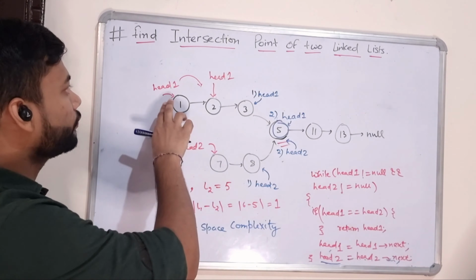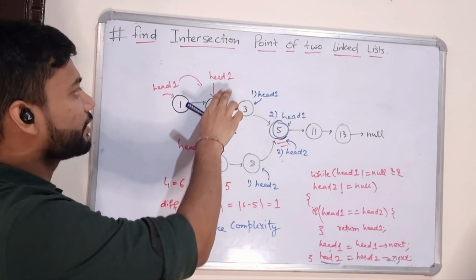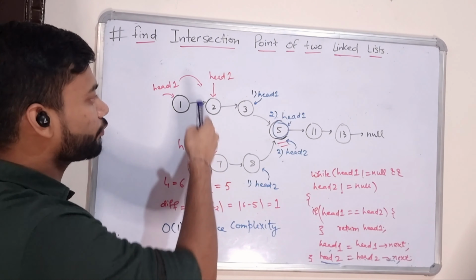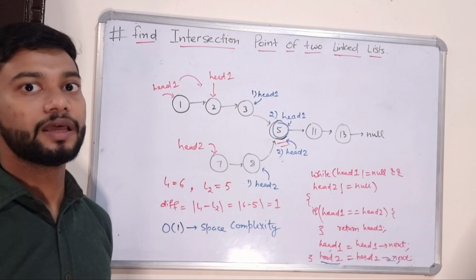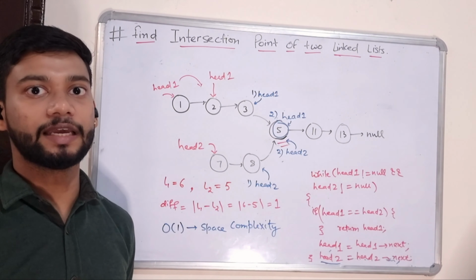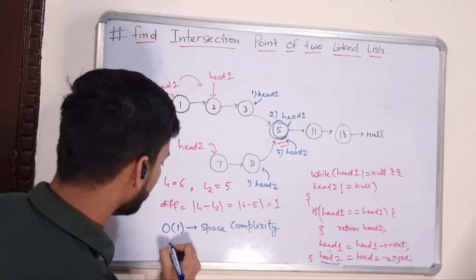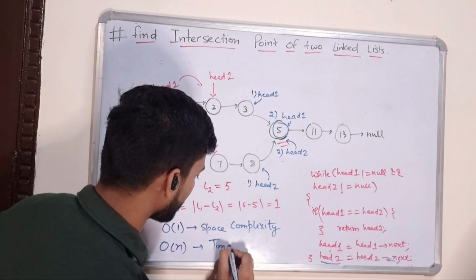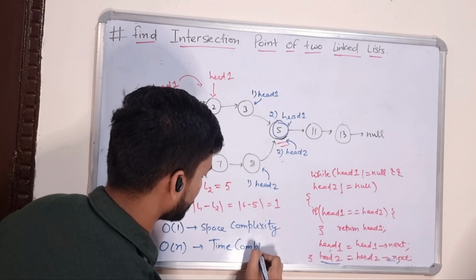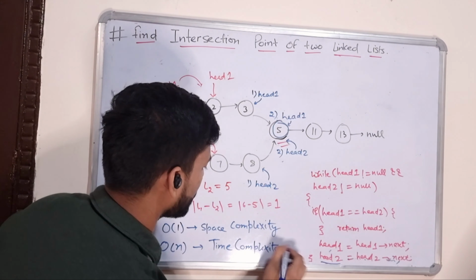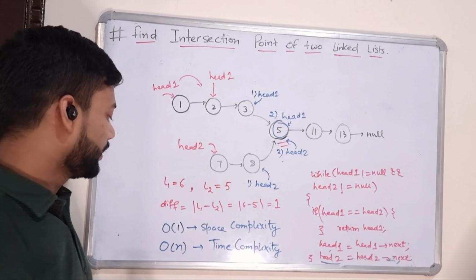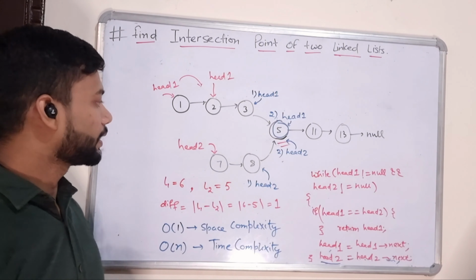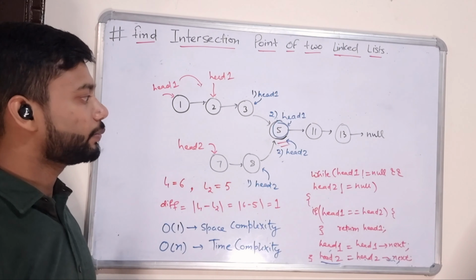Then we moved one of the heads by the difference of the lengths, and then we started moving both of the heads simultaneously. So the overall complexity of this solution will be O(n), where n is the number of nodes of the larger linked list. I hope you guys are clear with the algorithm.